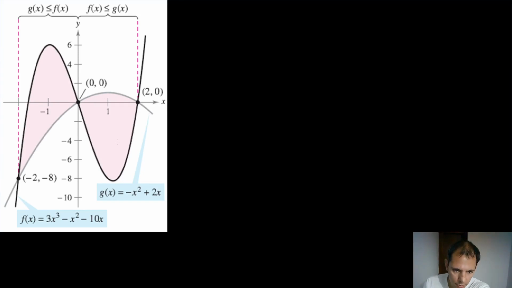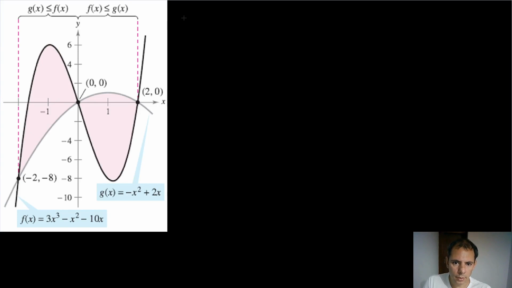But from x equals 0 to x equals 2, the gray one is on top. So you have to integrate twice. And you can see on top here, f of x is greater than g of x for this part, and g of x is greater than f of x for this part.